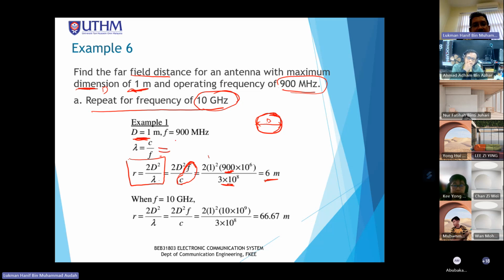Okay, so this is 900 mega, times 10 power of 6, divided with the speed of light.